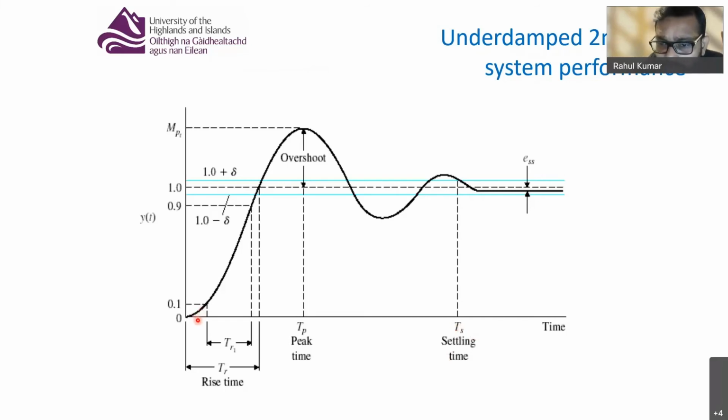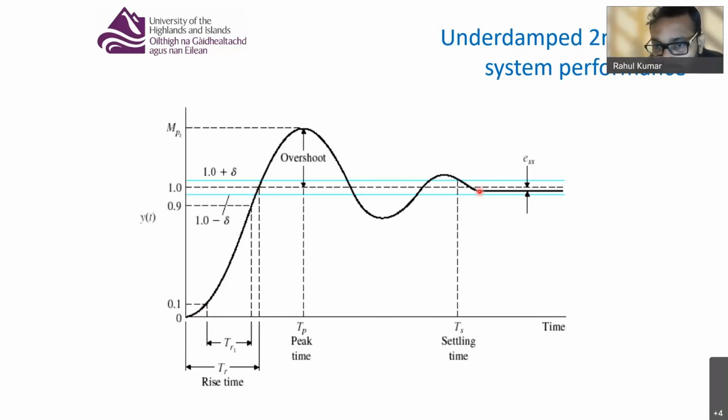the second order underdamped system response starts from 0 and goes up to the desired value, but you will have some overshoot followed by some oscillation before your response settles down around the desired value.